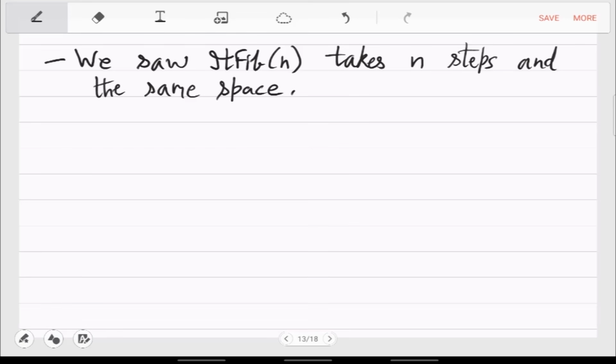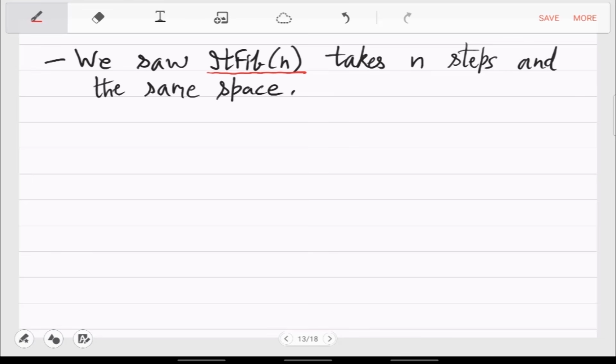Right, so using an array which will store the values of previous Fi minus 1, you can calculate Fi. So you can calculate the nth Fibonacci number in around n steps, which is much faster than, as we have seen, recursive algorithm.